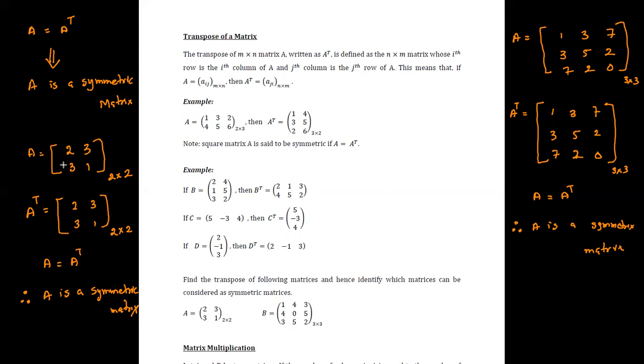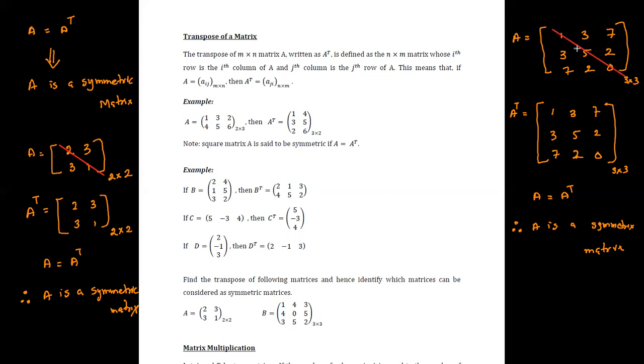And if you take this matrix, since we know that this is a symmetric matrix, now if you fold this matrix along the main diagonal, you can see that these two elements coincide. Therefore, this is a property of a symmetric matrix. Let's do it for the second example as well.